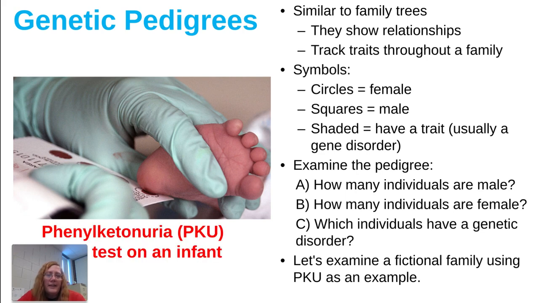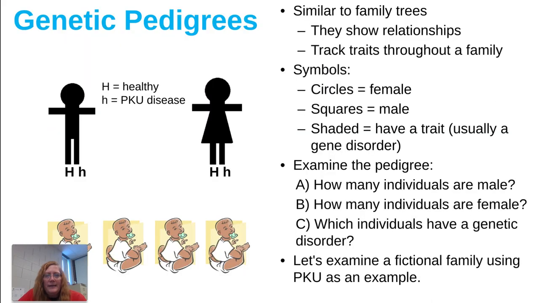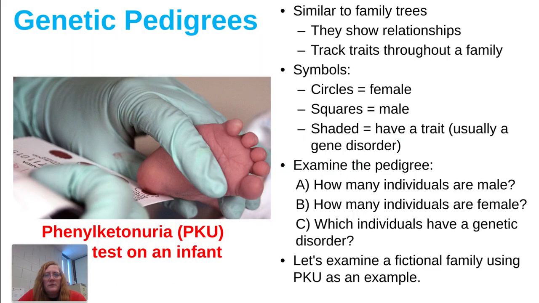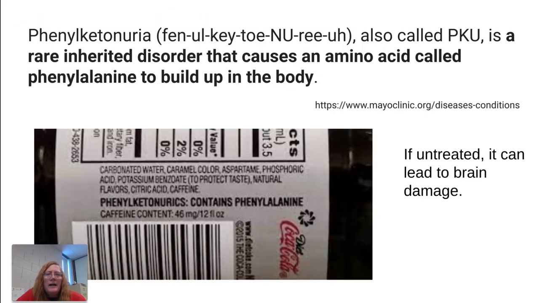Everyone has this test as a baby. They do a little prick test on the heel of the baby's foot. They want to make sure that they don't send a sick baby home because, oops, let's go back a little bit. Okay, so phenylketonuria is also PKU for short.